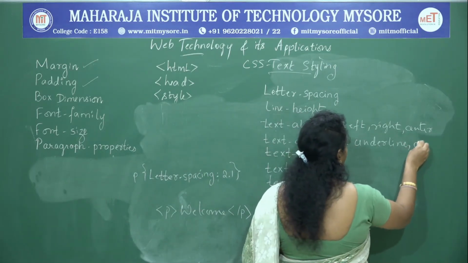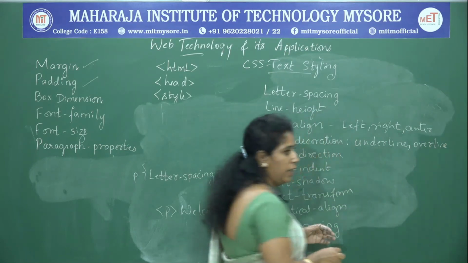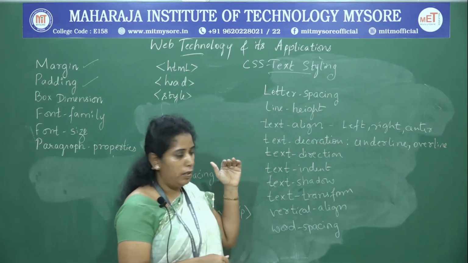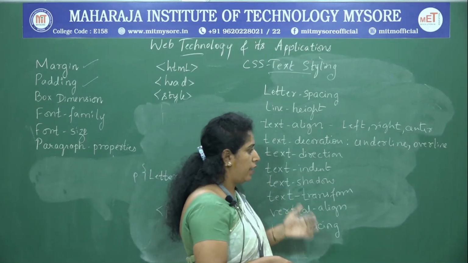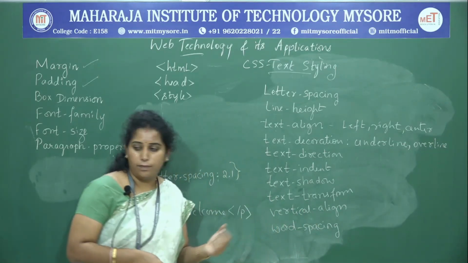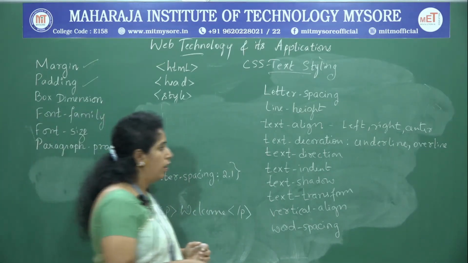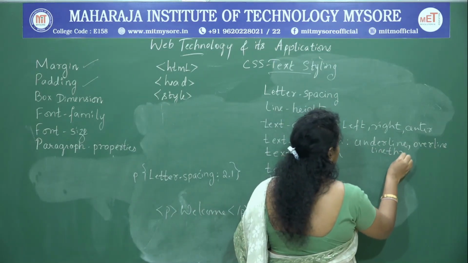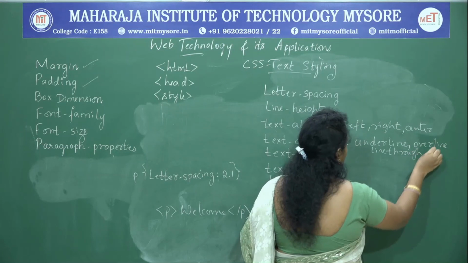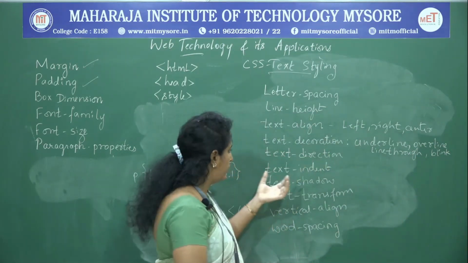Another value is overline, so there will be a line over the text. Underline, overline and line through. One more is line through and another one is blink. This is about decorating the text.